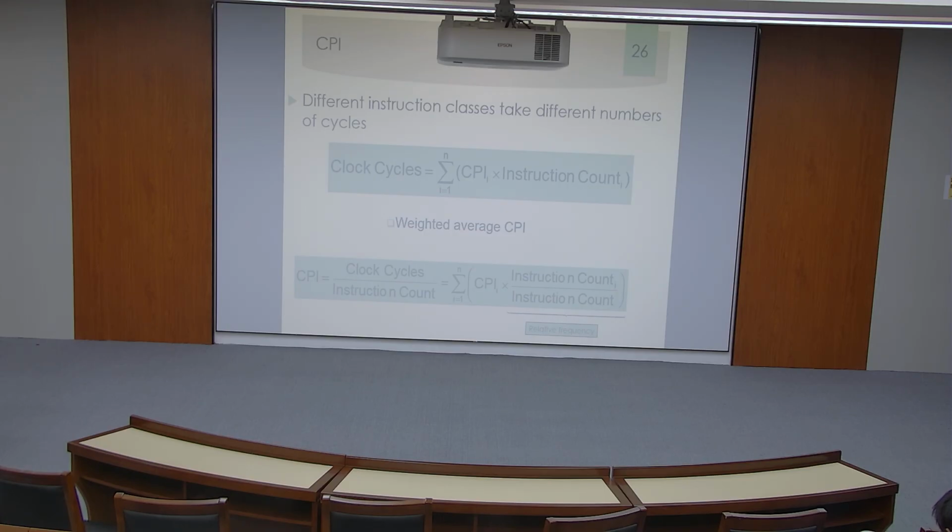And the clock cycles equal the summation from i equals 1 to n of CPI times instruction count i.